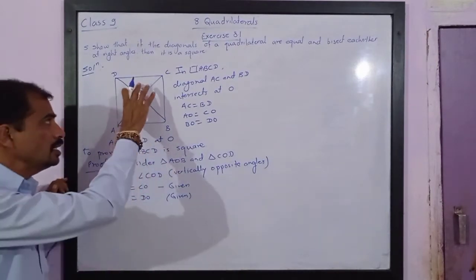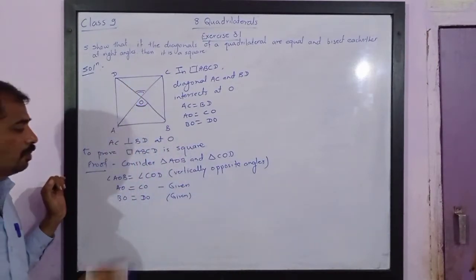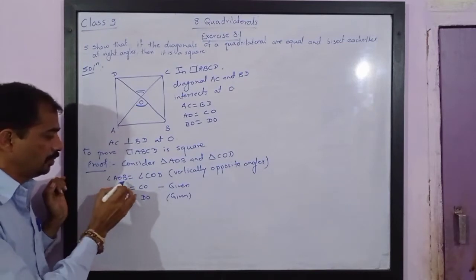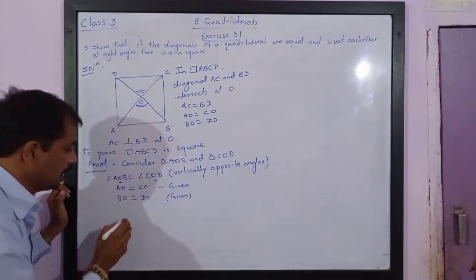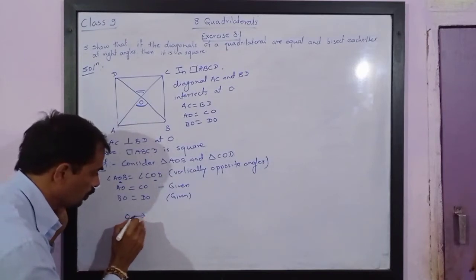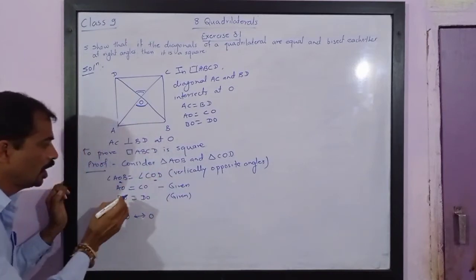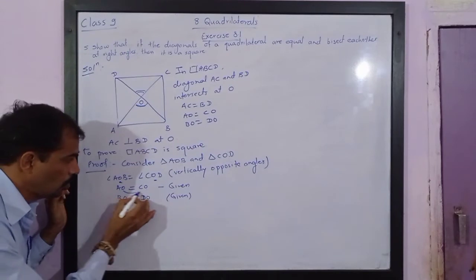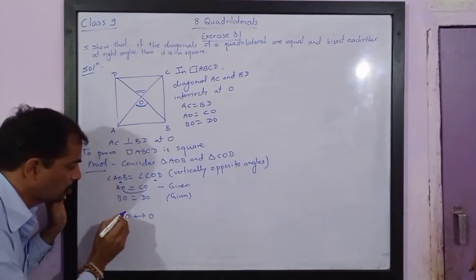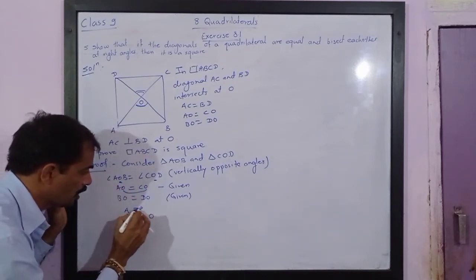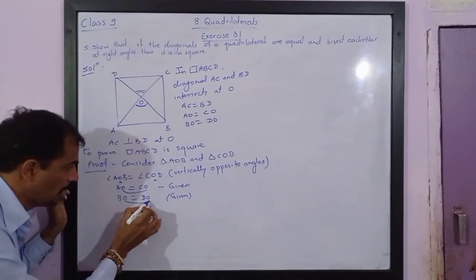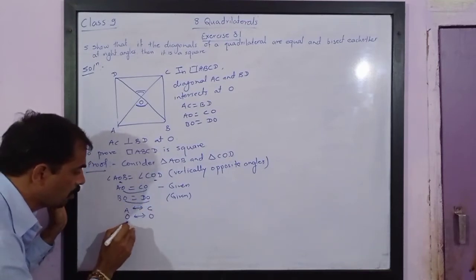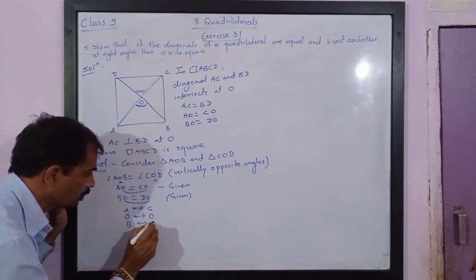But for writing this, we need one-to-one correspondence. Please note how we write. Here from angles it is very easy. So here you will notice that O corresponds to O. If O corresponds to O, then A must correspond to C. And B must correspond to D.